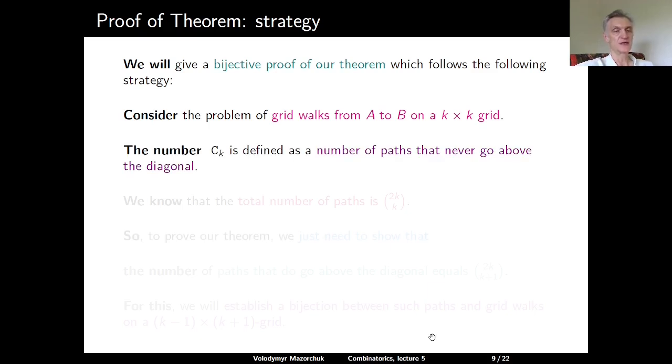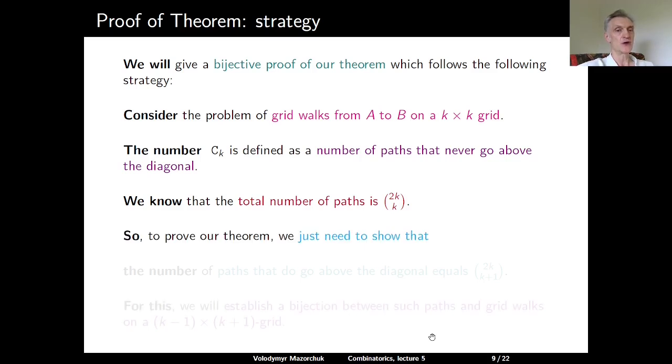So by definition, C sub k is the number of paths here that never go above the diagonal. We know that the total number of paths is 2k choose k. So to prove our theorem, we just need to show that the number of paths that definitely go above the diagonal equals 2k choose k plus 1.